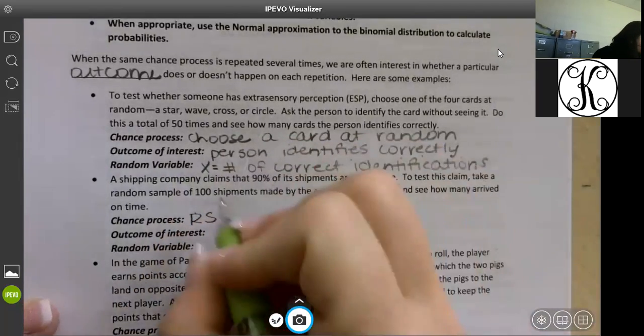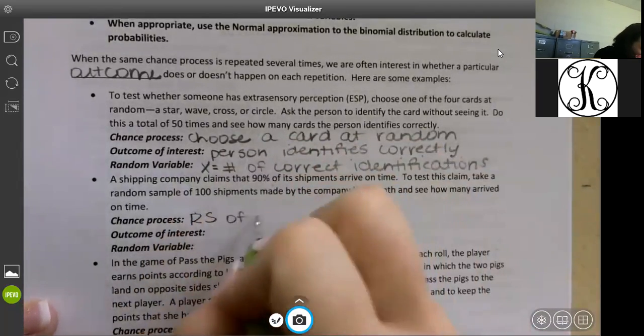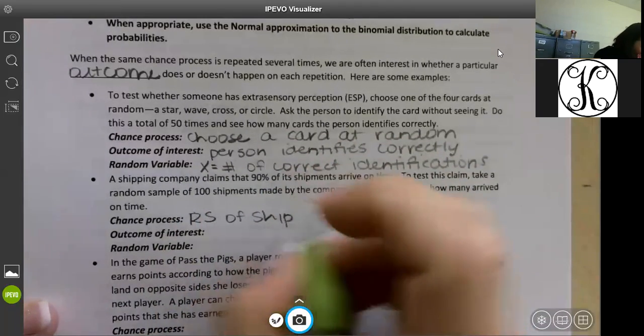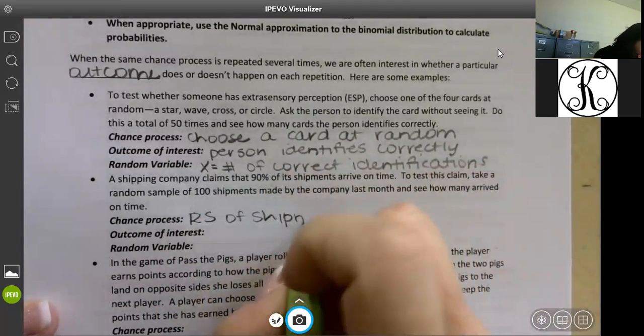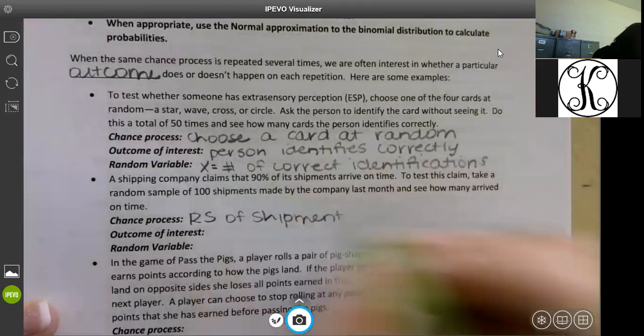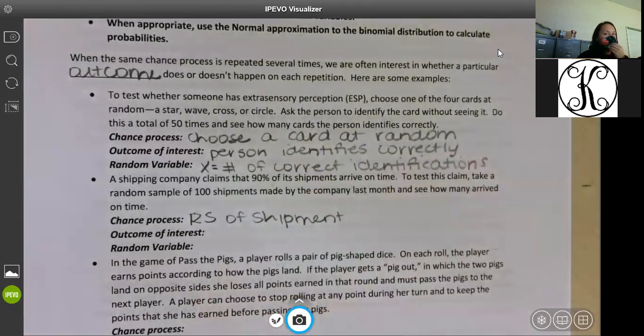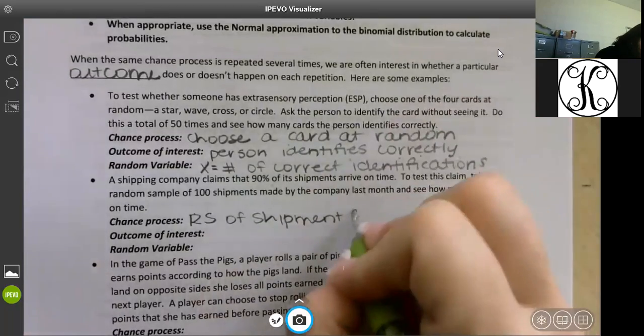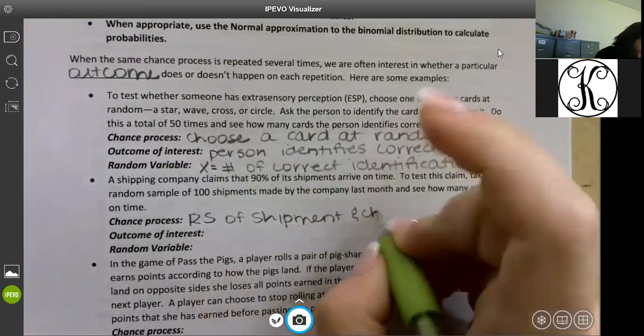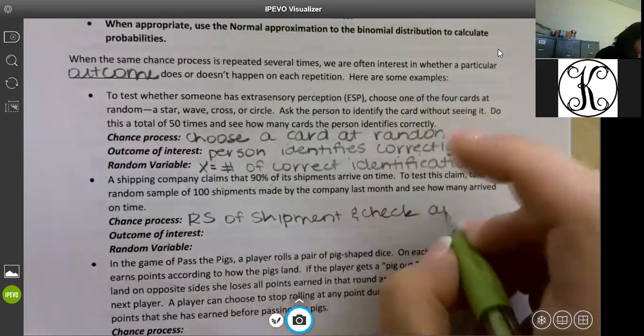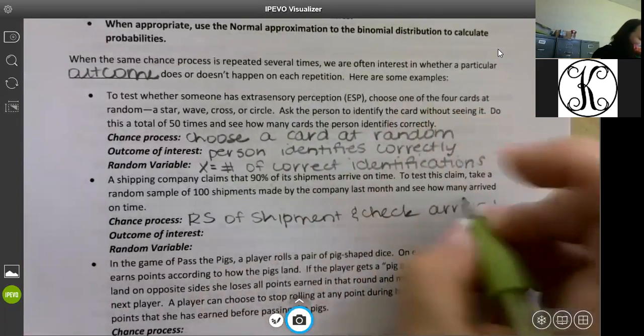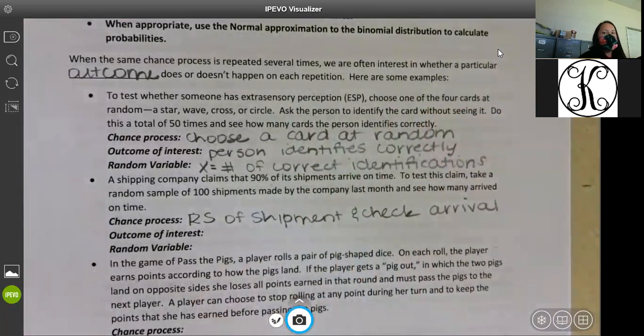A random sample. Why? Yeah, but why are we picking a random sample of shipments? And check arrival. And that's your arrival time to see if it's on time or not.